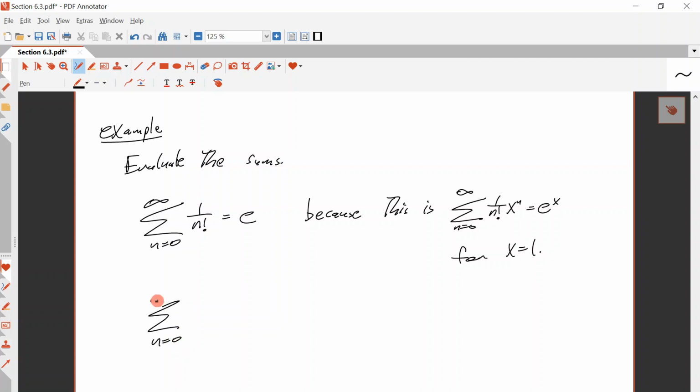The sum n equals 0 to infinity of minus 1 to the n over n factorial. Well, that's just equal to 1 over e, because this is that sum for x equal to minus 1.